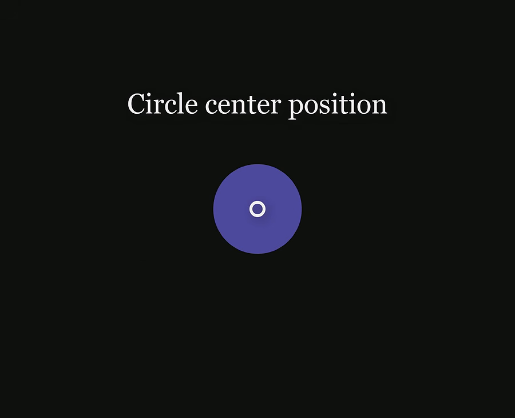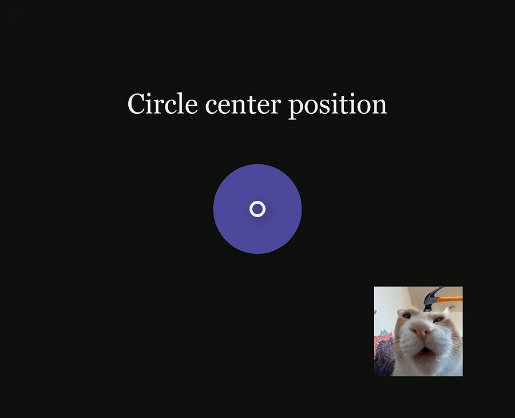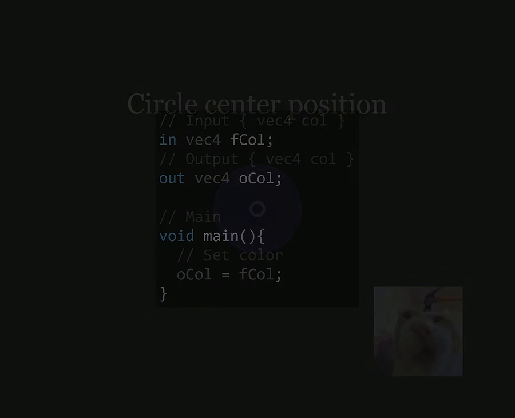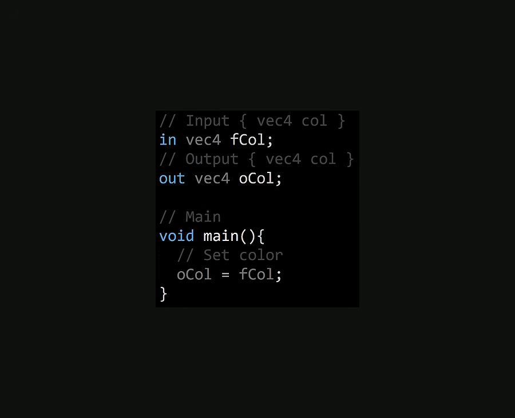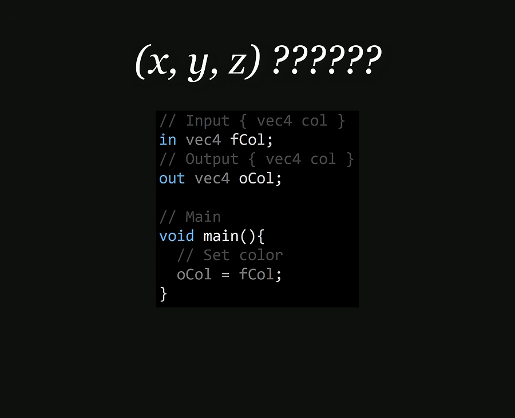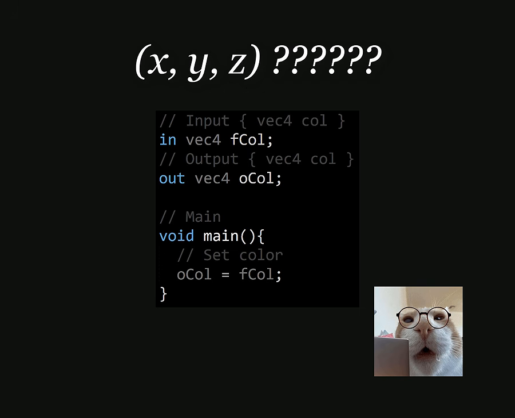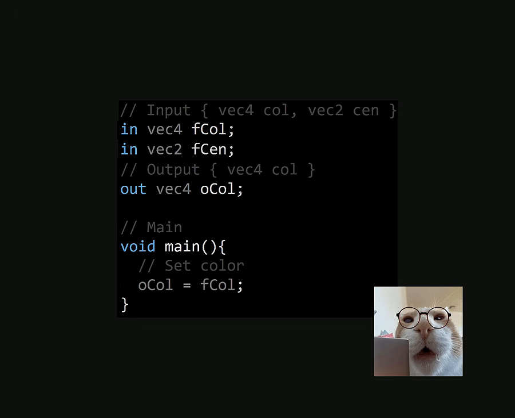The next needed variable is the center position of the circle, and this is where things kind of get hard. You see, the fragment shader, as I've programmed it so far, has no idea where any of the vertexes are. This is intentional, as I haven't really needed to know that, since all the fragment shader has done is return the color of the vertex being rendered. So I should just pass the circle's center position from the vertex shader to the fragment shader, which should fix the issue, right?